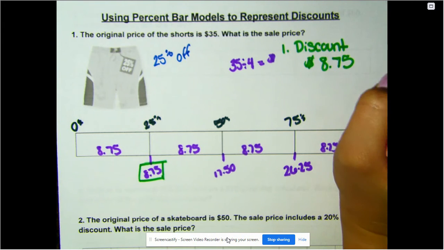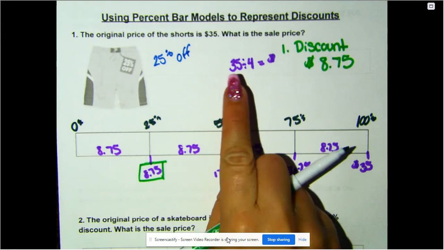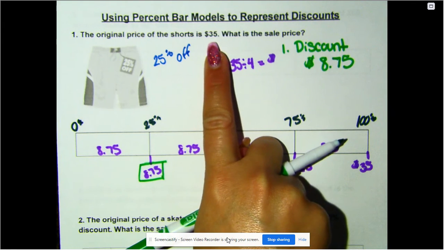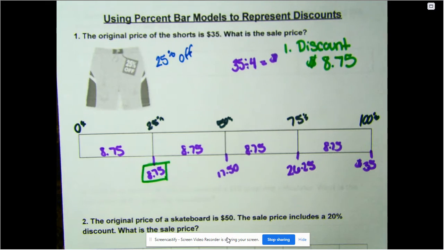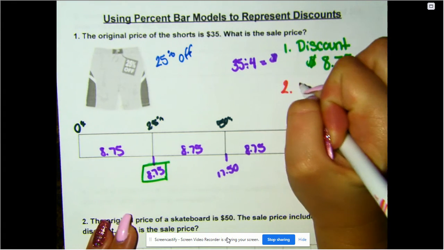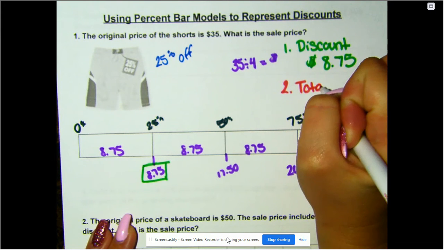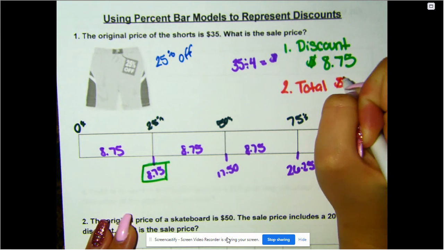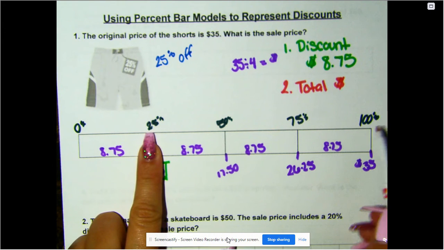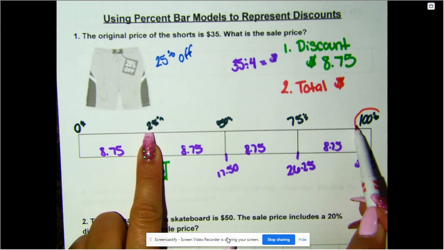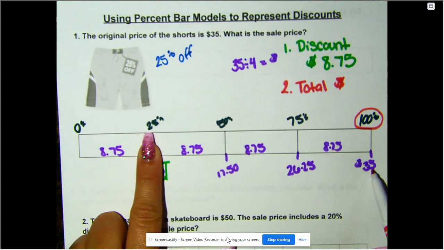Now there are 2 ways. You can take your $35, which is your total, and subtract $8.75 to find the new cost, or the total cost that you're going to pay. Or we can also use our diagram, and I'm going to choose the diagram. After I take the discount, what is my total cost now? If this item was not on sale, I would be paying $35 at 100%.